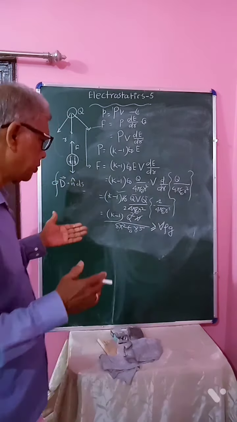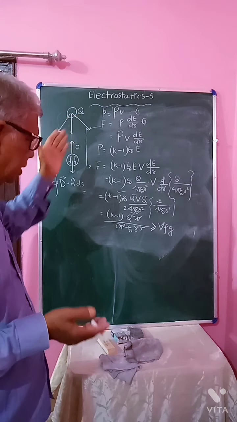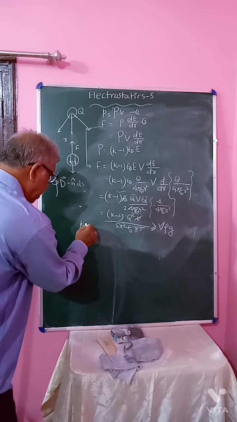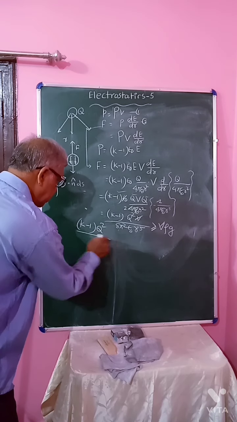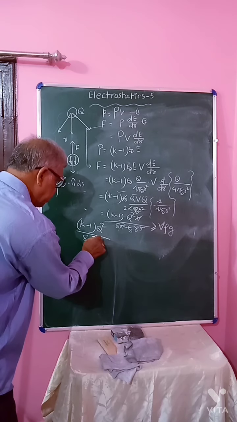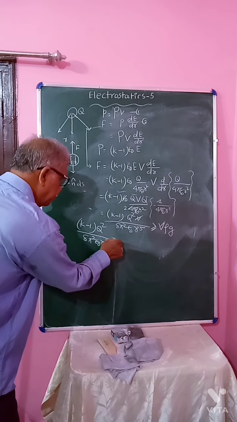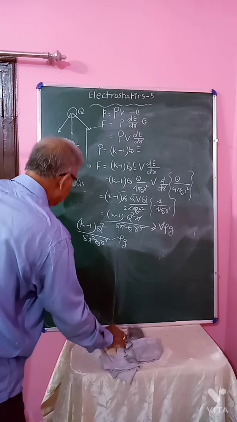If the electric force is greater, it gets accelerated upward. But we want the minimum value, so (K minus 1) Q square over 8 pi square epsilon 0 r to the power 5 equals density into acceleration due to gravity.